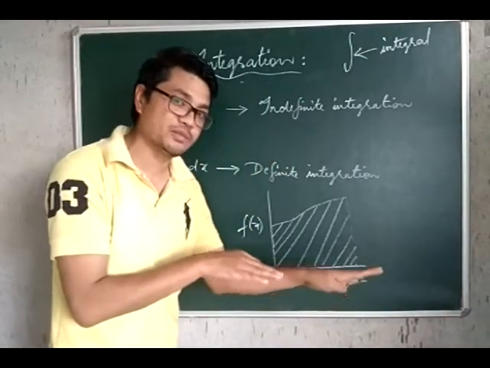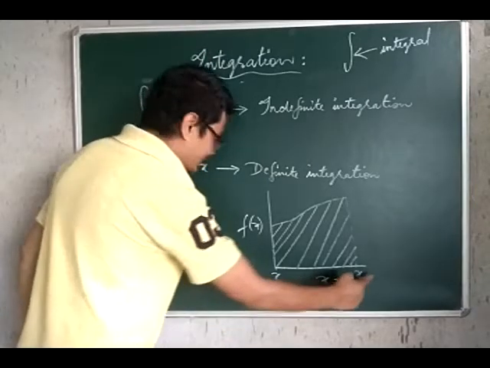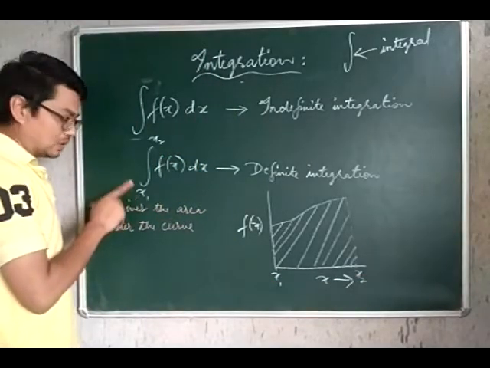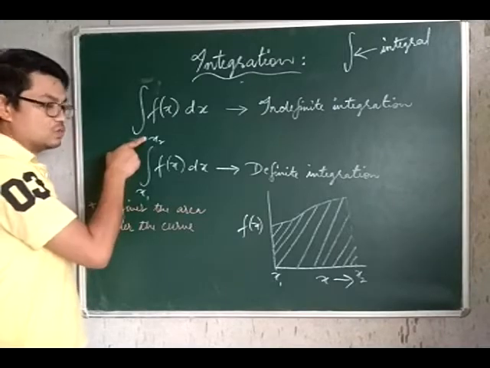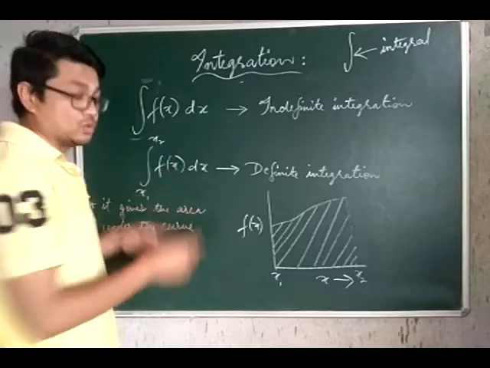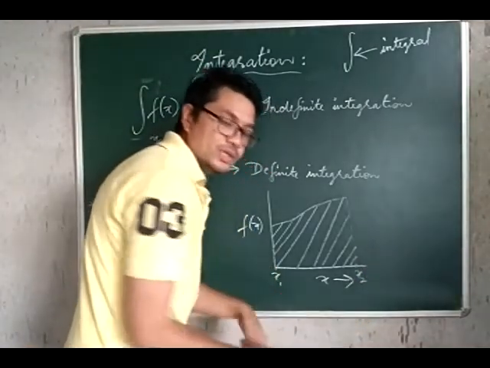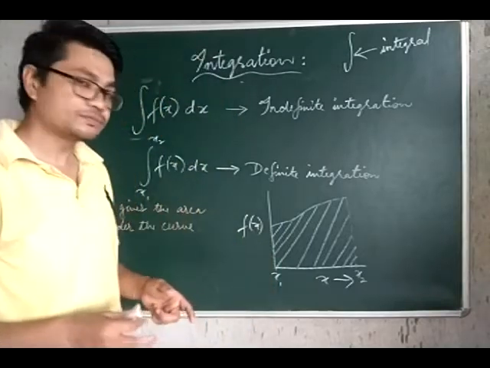X itself is a variable, it is the independent quantity. So we've started from x1 to x2. We are measuring the area in between x1 and x2. So that is what it means.